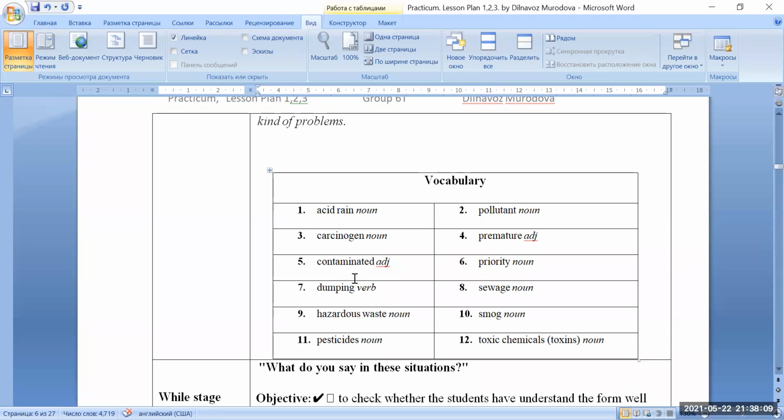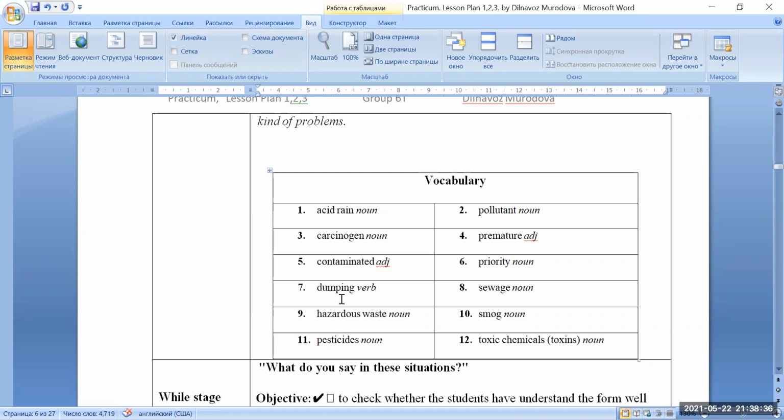And the next one, contaminated. Maybe it's connected with air pollution. This contaminant is a substance that has come in contact with organisms or substances that cause disease.